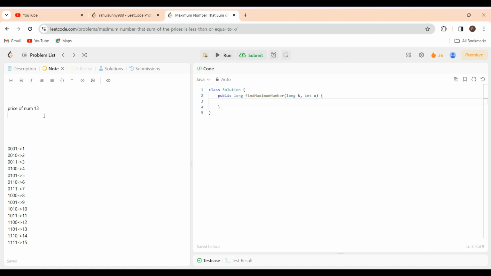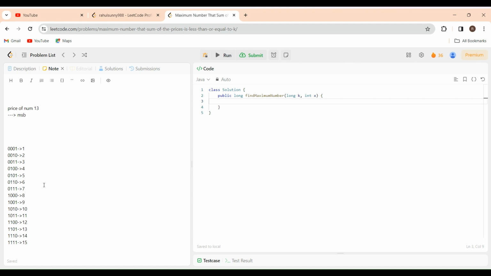So what is the most significant bit of 13, and how do we find it?